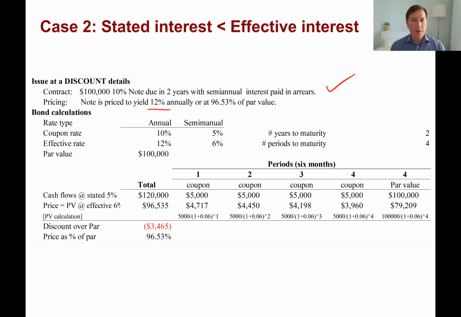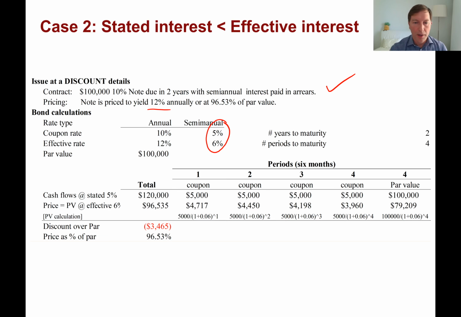In this case, our semi-annual quantities are going to be 5% and 6% for coupon and market rate respectively. And the cash flows are going to be identical, but of course the present values of these cash flows are going to go down relative to the case we had previously because the discount rate went up.